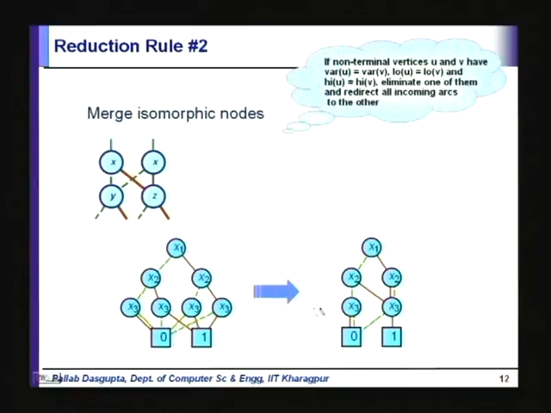Okay. The rule is very simple. If you have 2 nodes where the 0 edge is leading to the same vertex and the 1 edge is leading to the same vertex, what do these vertices represent? These vertices represent subfunctions. So this vertex here represents some subfunction. There is some BDD below this, and this vertex represents some function, let us call it g, and this vertex represents some function, let us call it h, right.